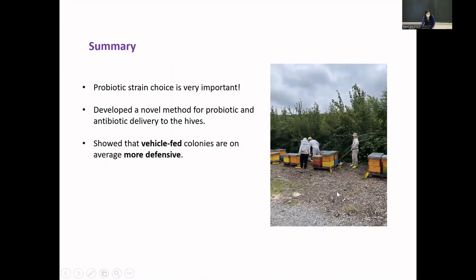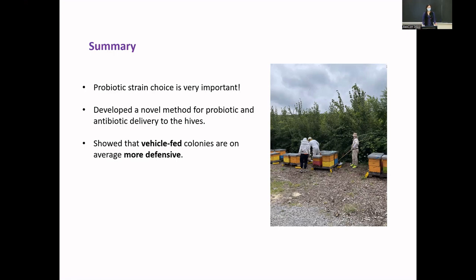Okay, so to summarize, bridging the gap between the gut and the brain requires careful consideration, especially when selecting different strains, so that it would be possible to track down the scaling effect from the gut to the brain to their behavior. And so far in our work, we were able to develop a novel method of probiotic and antibiotic delivery to the hives.